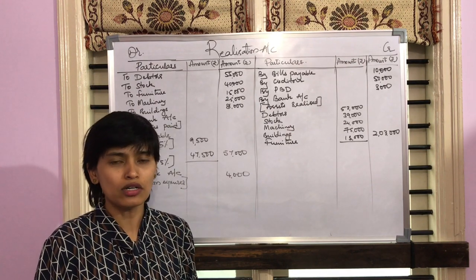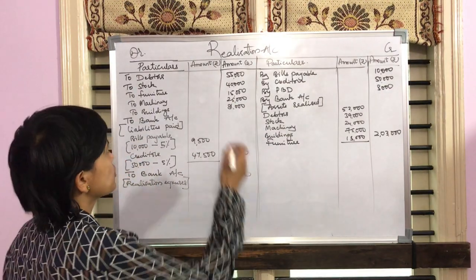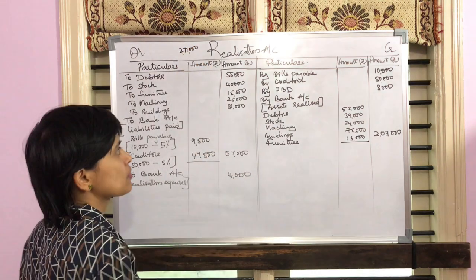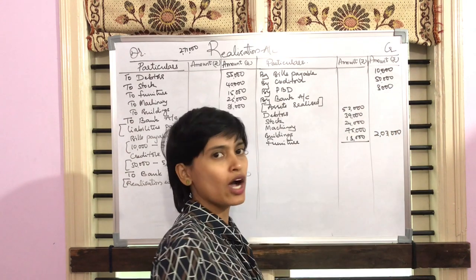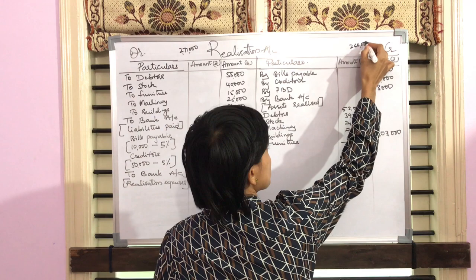Now we need to do the balance. If you add the amounts of the outer column, you will get 2,77,000. Likewise, on the credit side, if you add the amounts on the outer column, you will get 2,66,000.